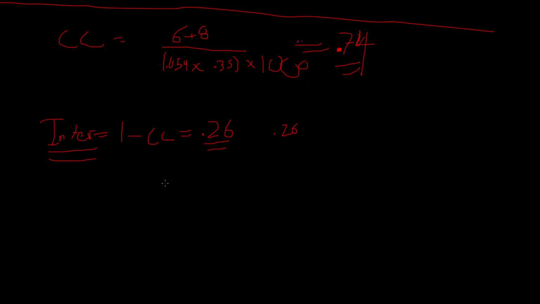If you have, let's say, a negative value, if our coefficient of coincidence was greater than, for example, 1, so that our interference was 1 minus, let's say, 1.5, and you got negative 0.5, then that means actually the opposite. That means that the recombination event doesn't interfere with the second recombination event.